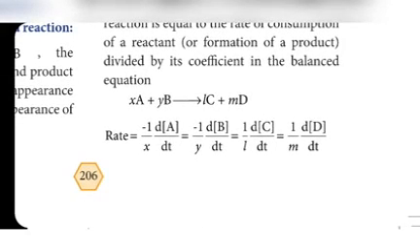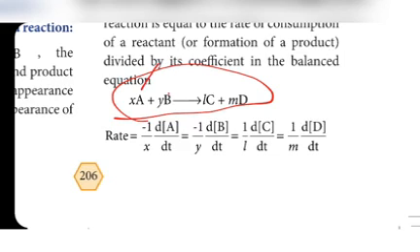For understanding that, they gave one more equation, xA plus yB gives lC plus mD. Here this A, this B and C and D all are substances. A and B are called as reactant and C and D are called as product. Please note it.